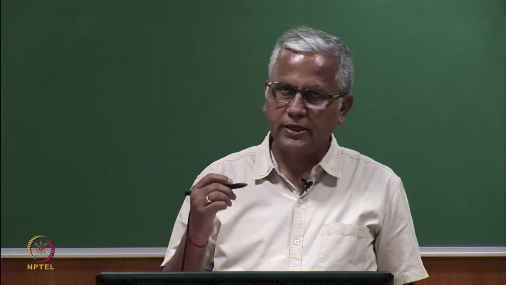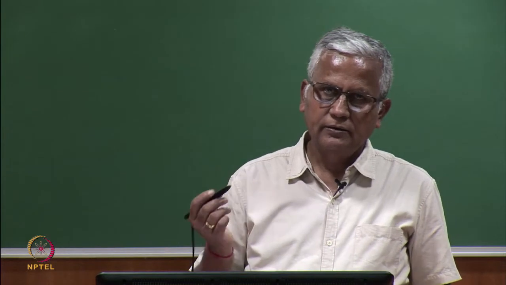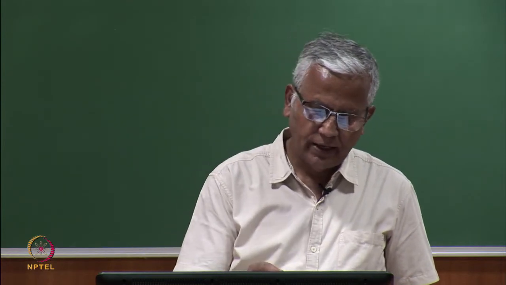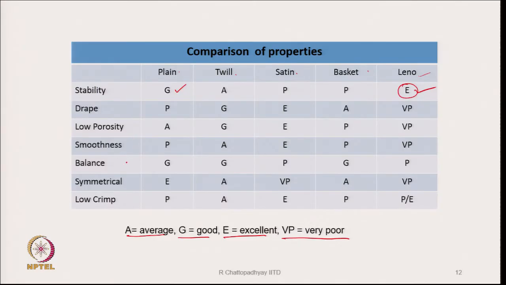So, depending upon the nature of the application, when you go for detailed designing we have to decide which type of weave we should choose. So, keeping in mind the various properties of the fabrics in terms of stability, drape, porosity, balance, symmetry or crimp, we can decide which particular weave we should choose.